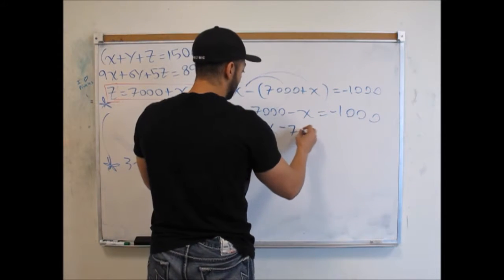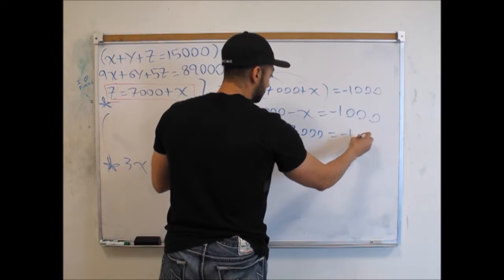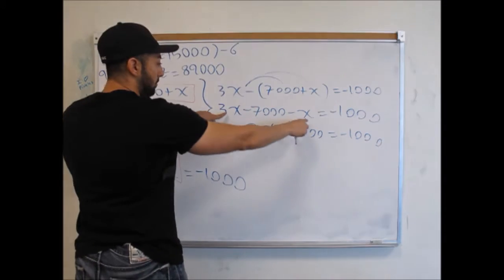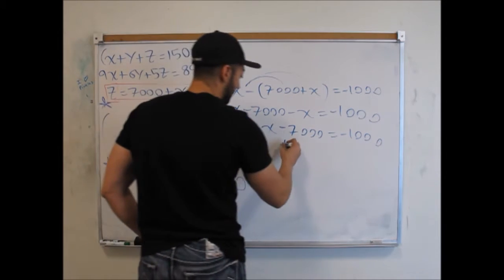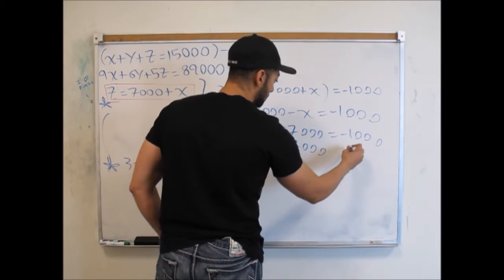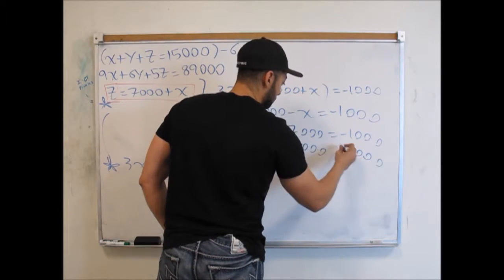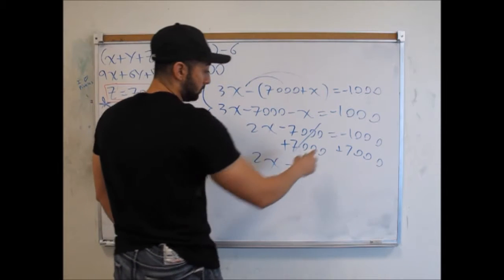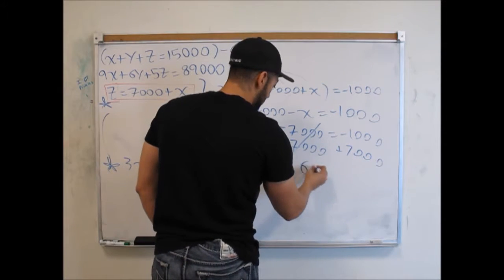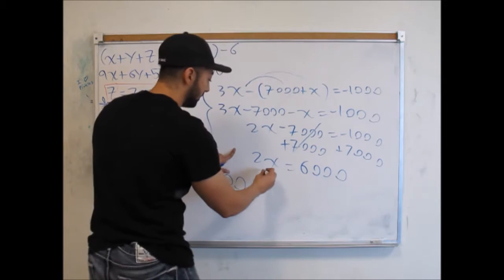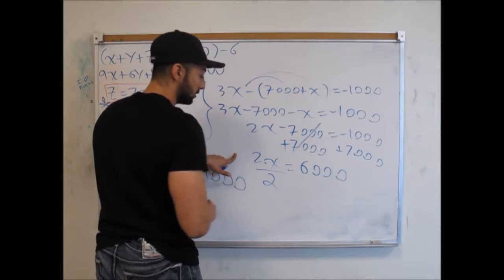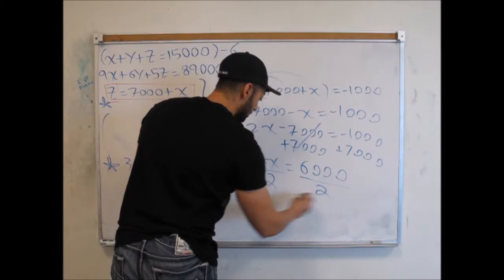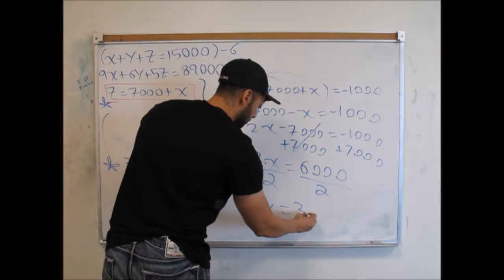So I just combined the like terms. We could add 7,000 over. So it cancels, and you get that 2x is equal to 7,000 minus 1,000, that would be 6,000. Dividing the 2 over, because it's being multiplied to x, we get that x is equal to 3,000.